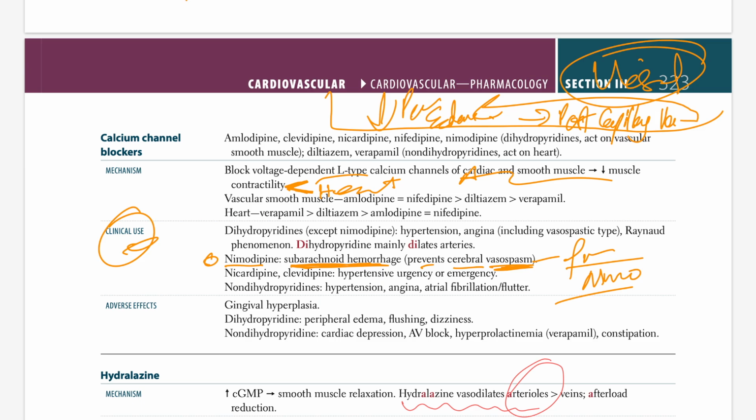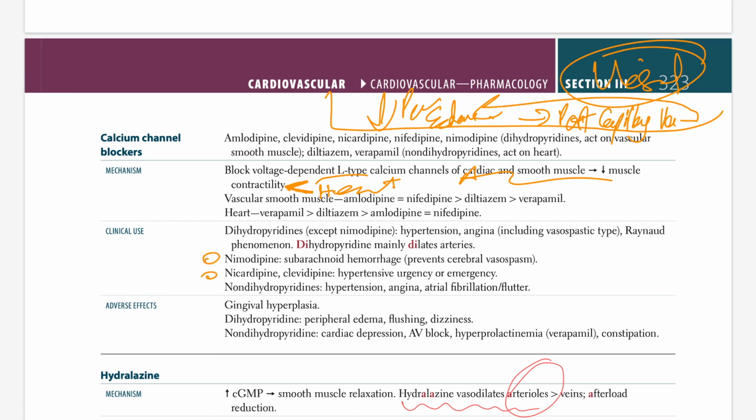If you have a better mnemonic, great, please share it with me as well. But to remember, Nemo, that fish, wants to swim in the water. So a hemorrhage here is like water for the fish. Although it's blood, it's water for the fish. So nimodipine is used in subarachnoid hemorrhage.